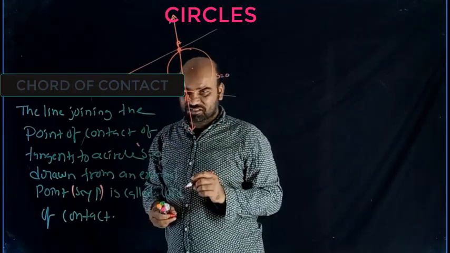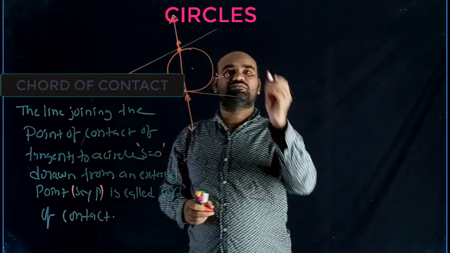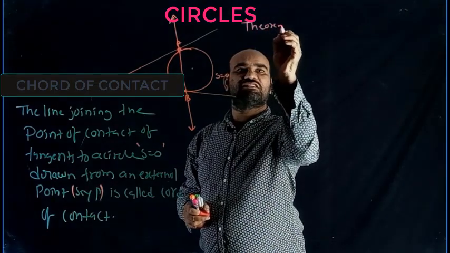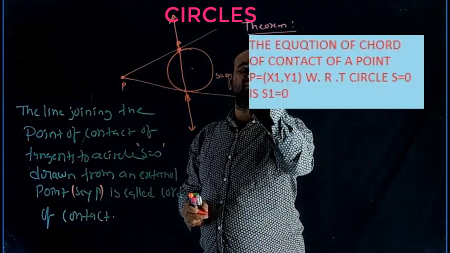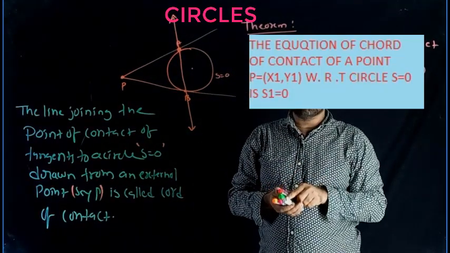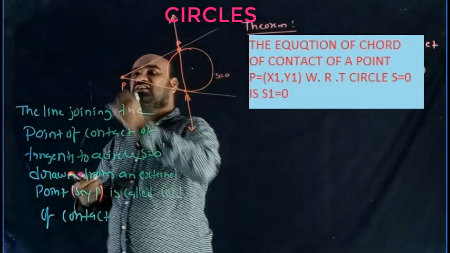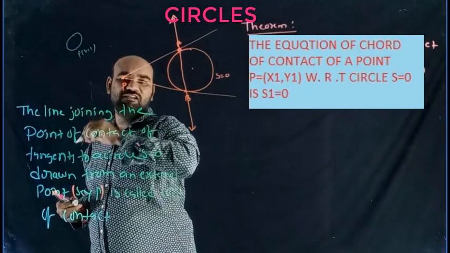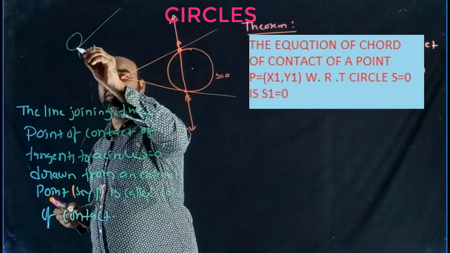That is important. Theorem. Here, an important thing, don't get confused. If a circle is given and a point P(x1, y1) is on the circle, through this point you can draw a unique tangent.